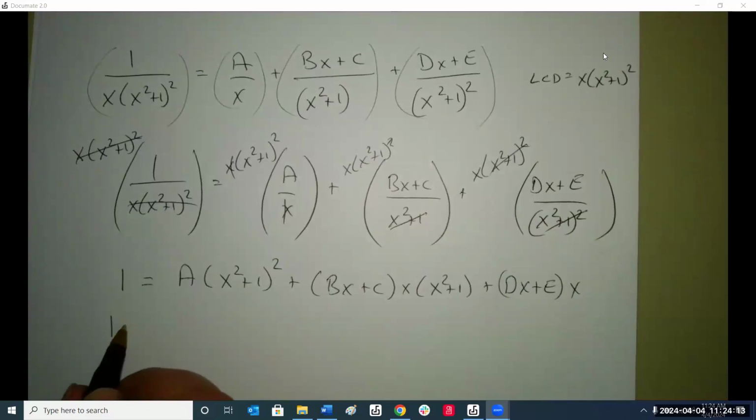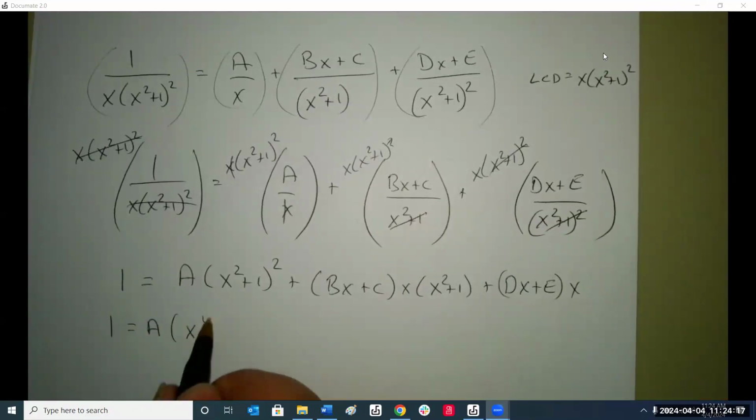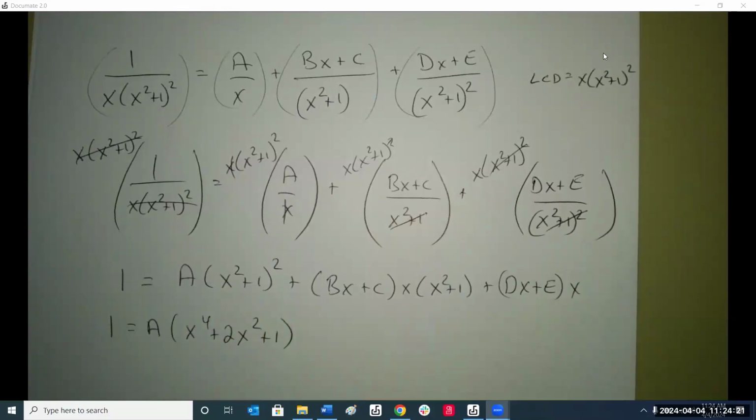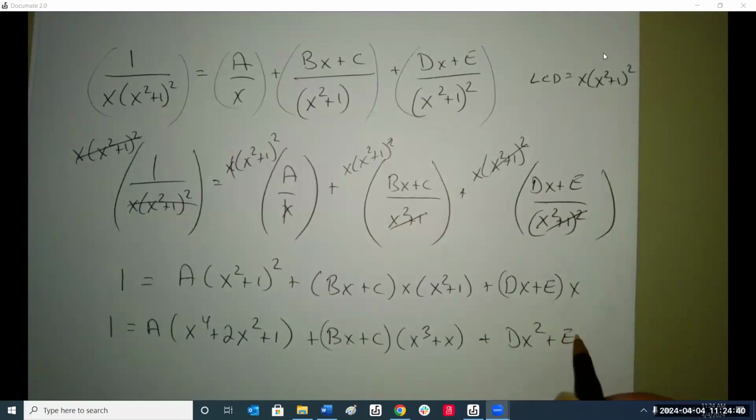Okay, so this gives us x to the 4th plus 2x squared plus 1. x cubed plus x, dx squared plus dx.